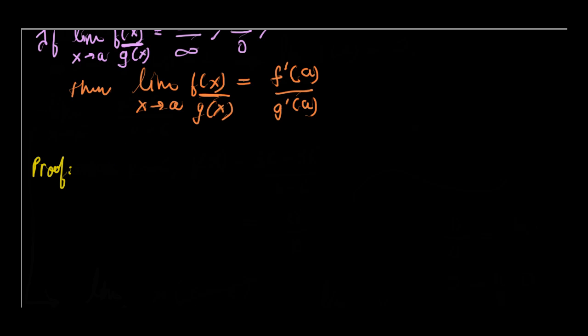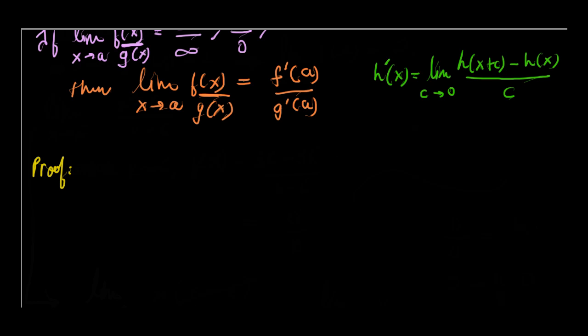I haven't done a video on the definition of derivative, but you might know that the derivative of, let me choose another variable, let's say h prime of x is defined to be the limit as c approaches 0 of h of x plus c minus h of x divided by c.